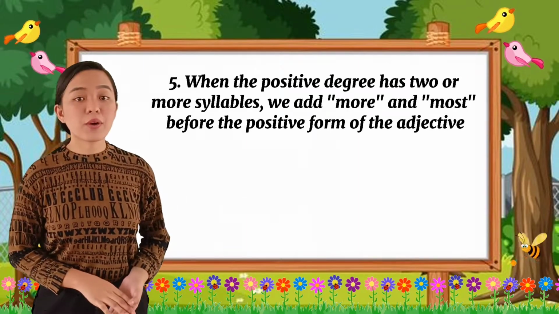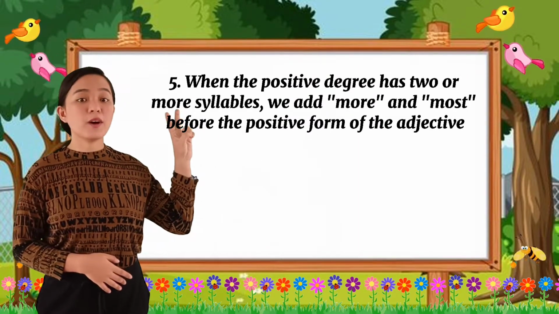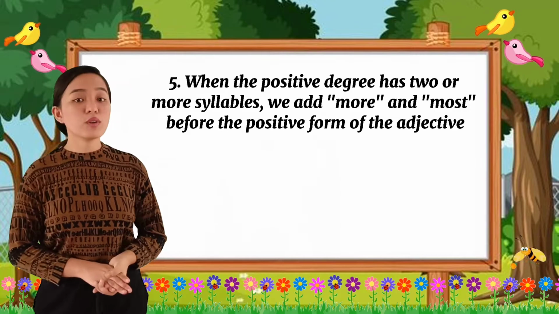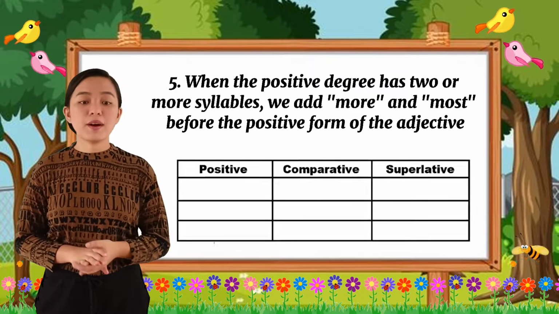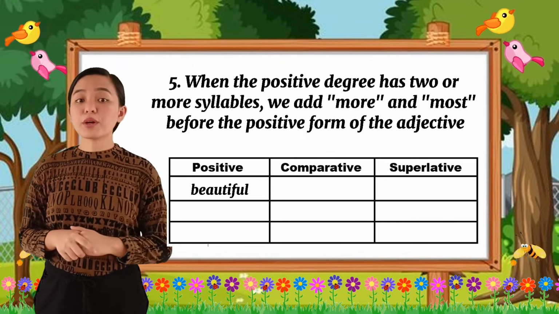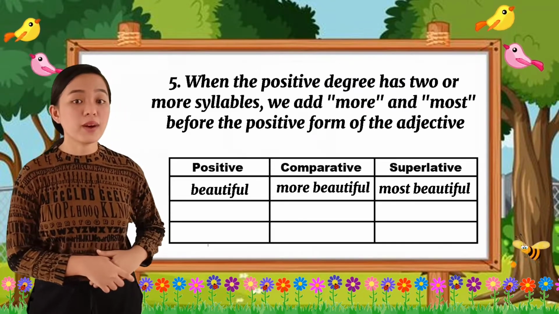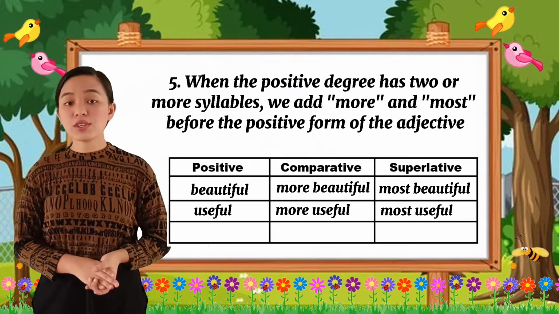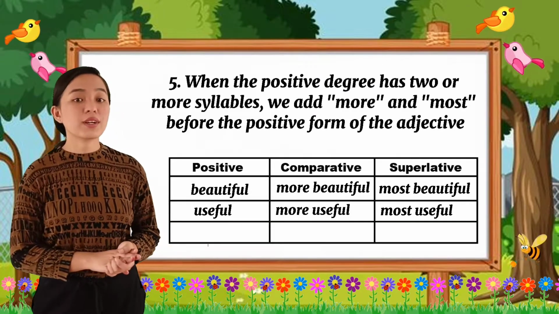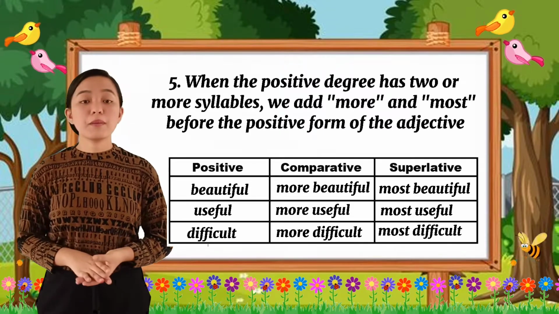When the positive form has two or more syllables, we add more and most before the positive form of the adjective. So for example, beautiful, more beautiful, most beautiful, useful, more useful, most useful, difficult, more difficult, most difficult.